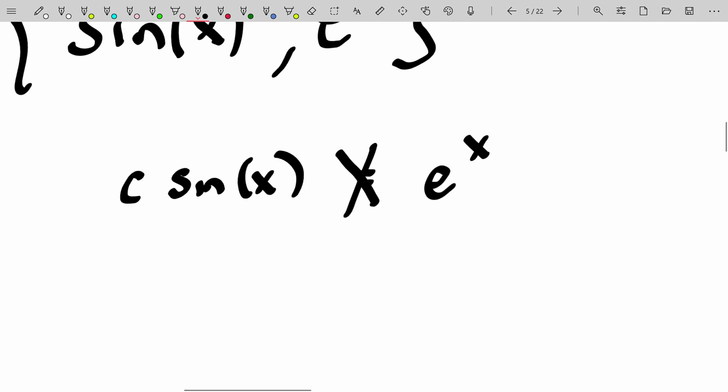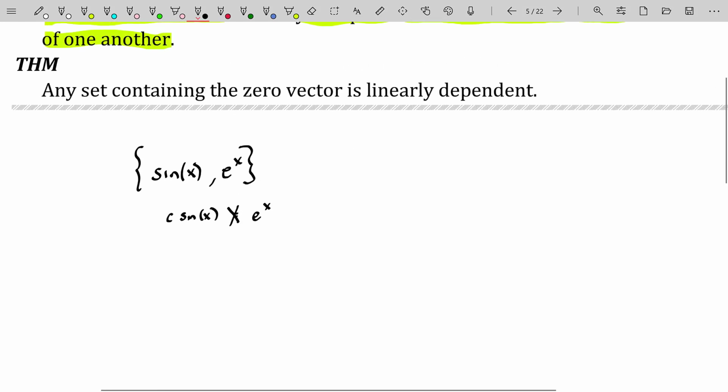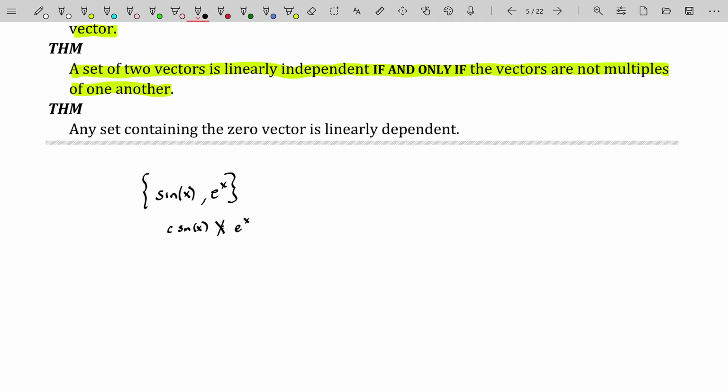That's just not possible. Sine of x is an oscillating function, e to the x is never oscillating. So because these are not multiples of each other, that set is linearly independent. So there you go. There's your first example of our brave new world of mathematics, where vectors are no longer just vectors in R3, R4, or R5, but instead they're anything we want them to be, specifically for us in mathematics, functions.